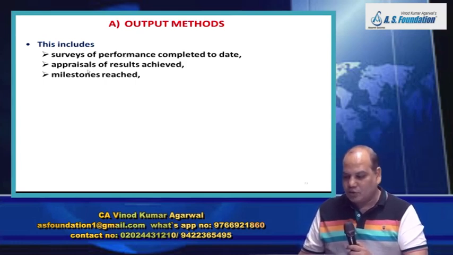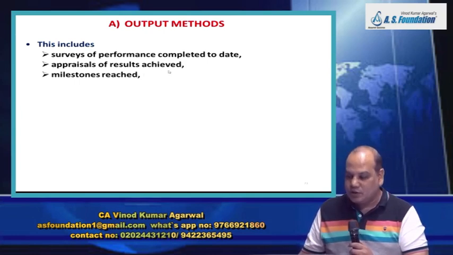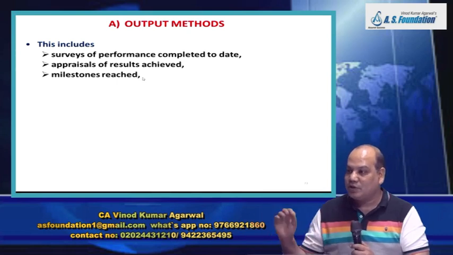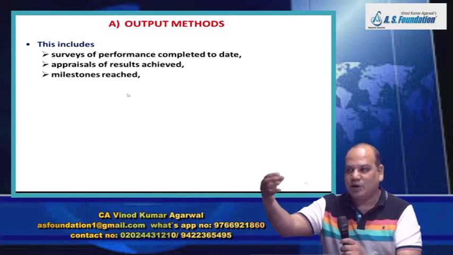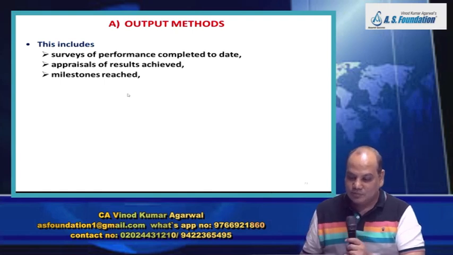Or it may be based on appraisal of the result achieved. Milestones reached. Different industries may have different terminology. Software companies will say milestones. If this work has been done, so many milestones have been achieved.